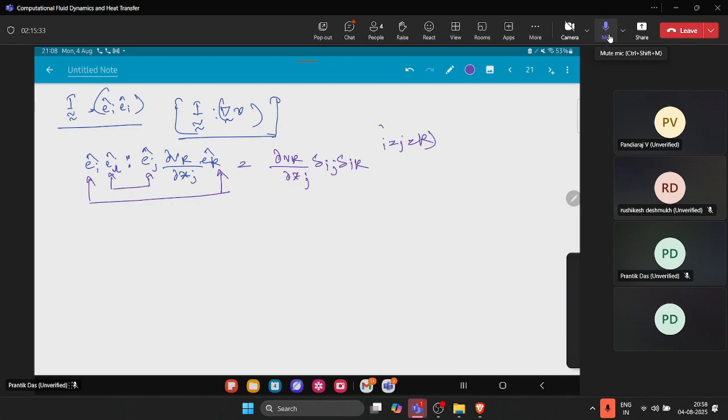Okay. So which can be written as dv_i/dx_i. So which is basically equal to the divergence of v, the divergence of the vector v. So is it clear to both of you?